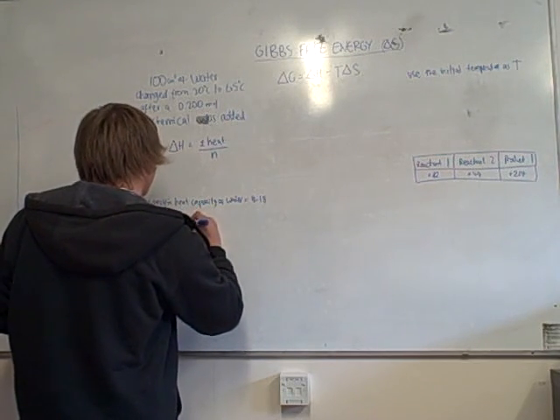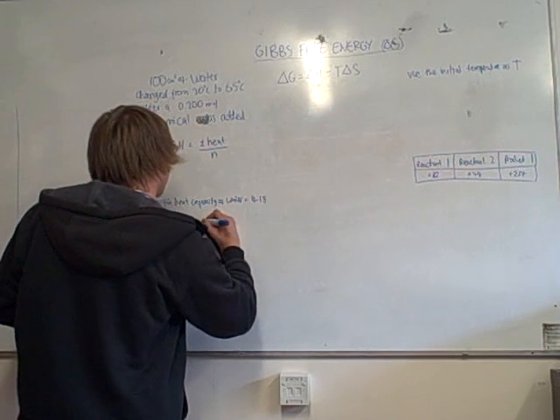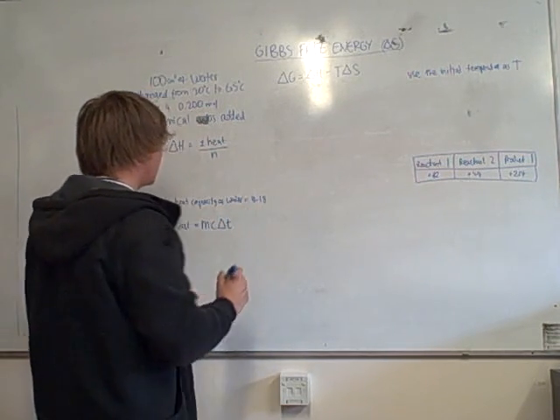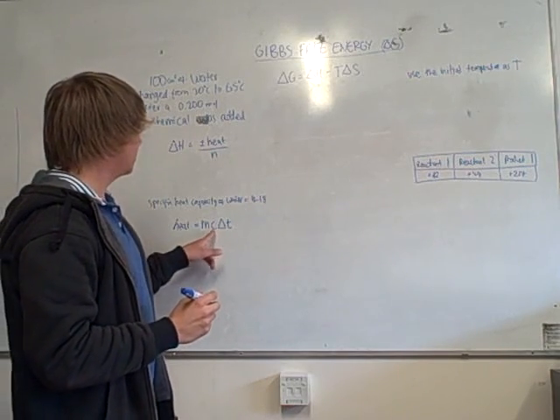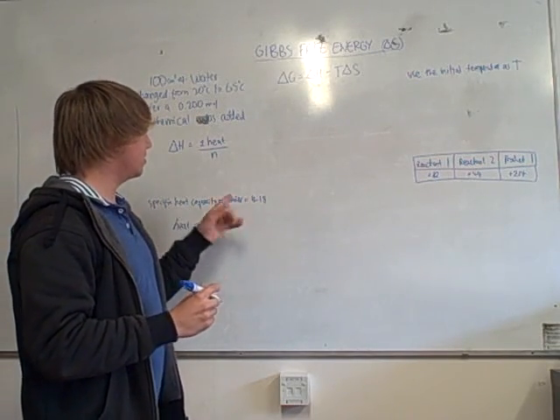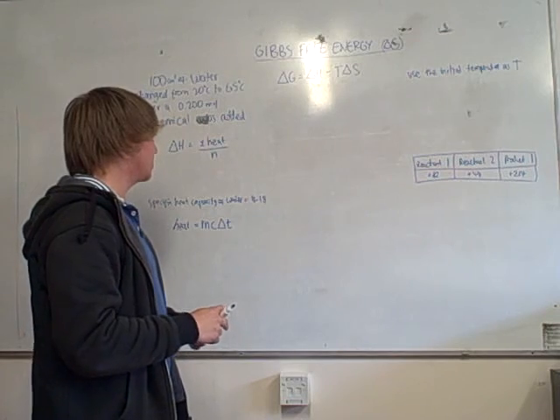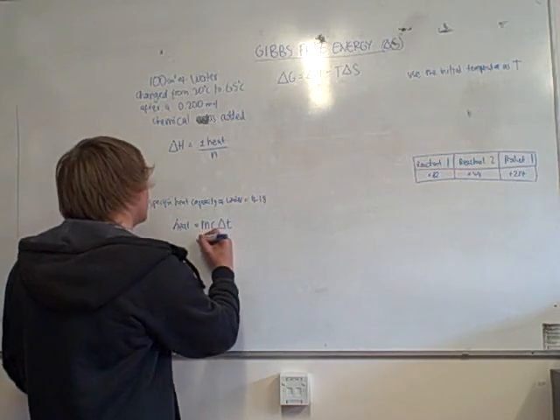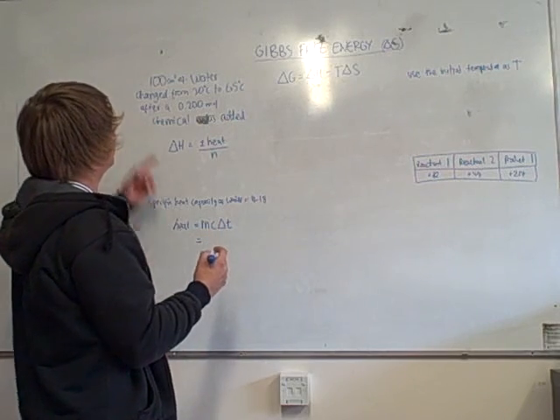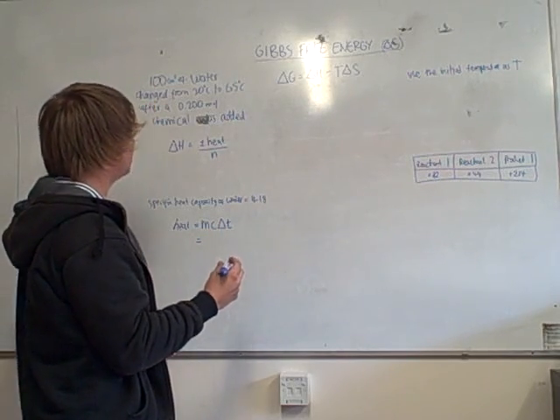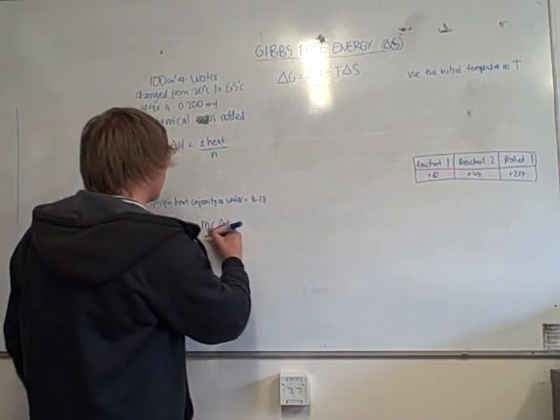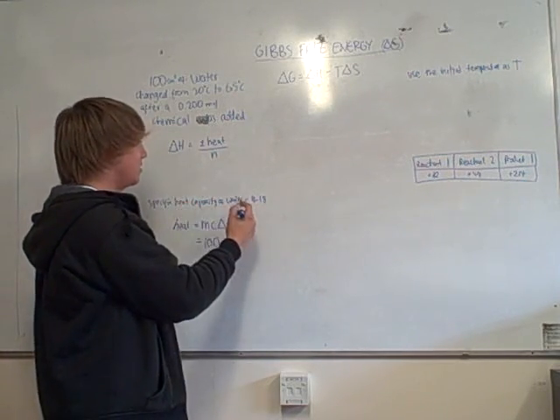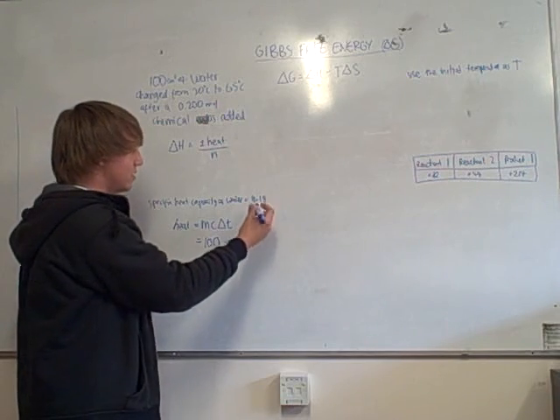heat equals mc delta T, where C is the specific heat capacity of the surroundings and M is the mass of the surroundings. We've got 100 centimetre cubed of water there, so that would be 100 times the specific heat capacity of water in this case, which is 4.18.